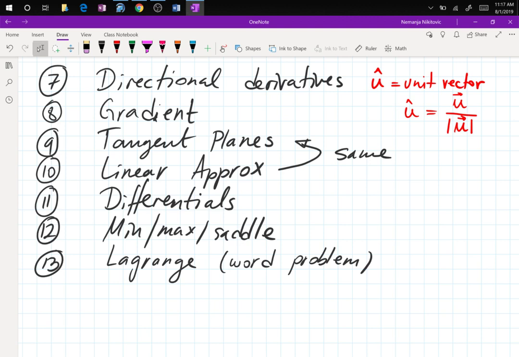Any other questions, concerns? Any problems? How about something Lagrange? Word problems? We only did 2 yesterday. We did shipping and we did the ellipse, I think. I love Lagrange.